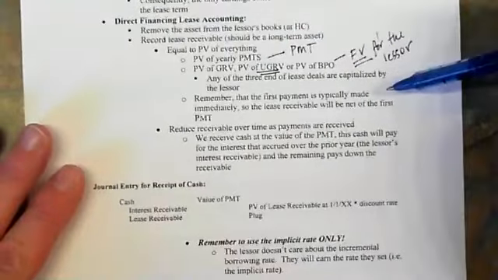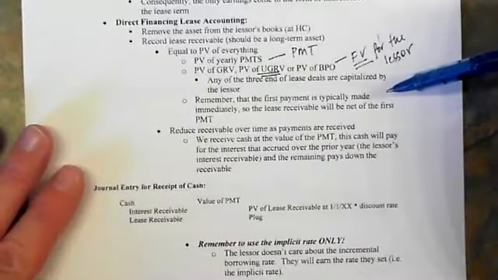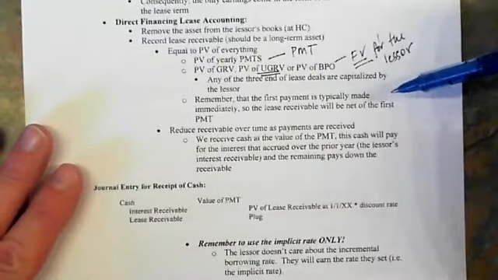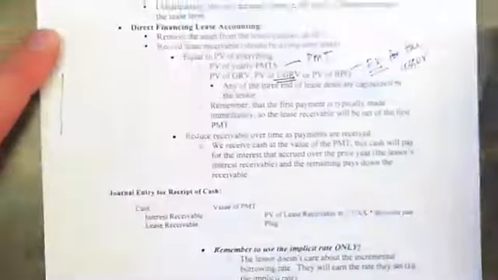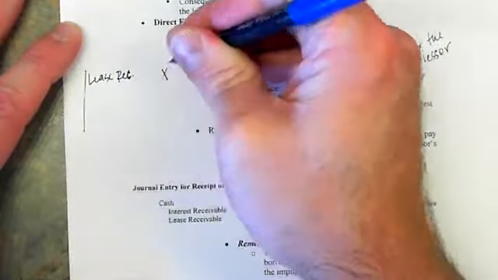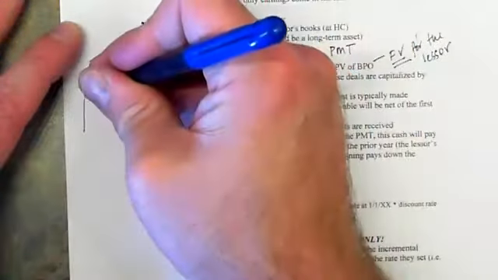And remember that the first payment is typically made at the beginning of the lease. And so we reduce the lease receivable by that first payment. So it tends to look something like this, where we have a lease receivable recorded that is similar to the lease liability of the lessee. We have a cash payment being received.